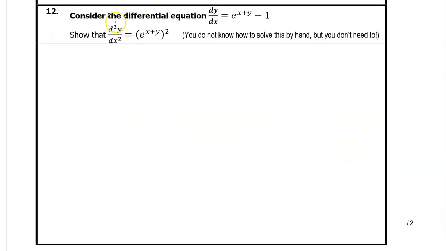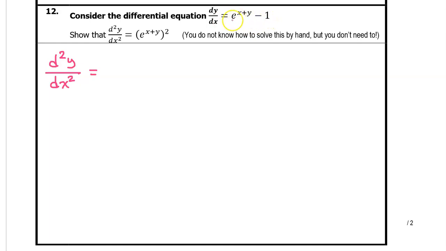Number 12, consider the differential equation dy dx equals e to the x plus y minus 1. Show that the second derivative is equal to e to the x plus y squared. The second derivative is the derivative of the first derivative. So we just need to take the derivative of this expression term by term.